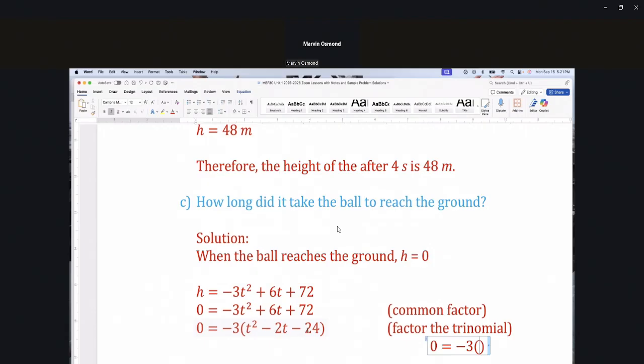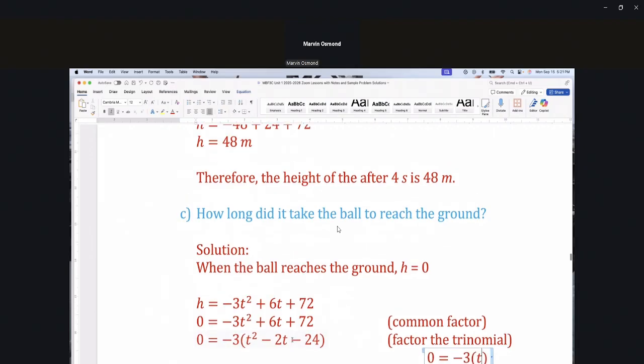So we know that the first term inside of each binomial will be t. And the last term we get by multiplying, and the only way to get a negative answer when we multiply is if we multiply a positive number and a negative number. So it's going to be t plus something, and then t minus an integer.